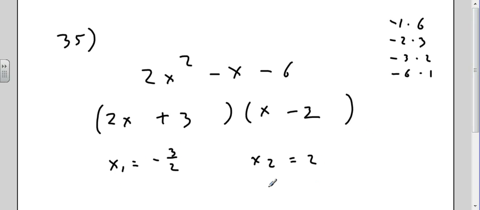And then we could say, well, if x2 is 2, then x -2 has to be 0.